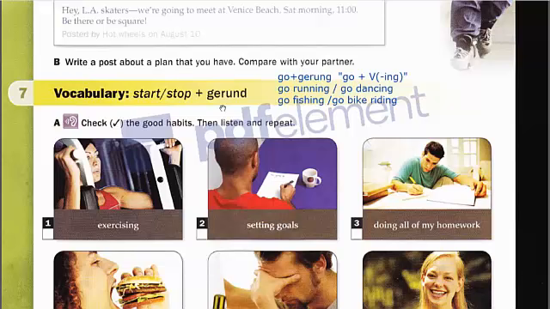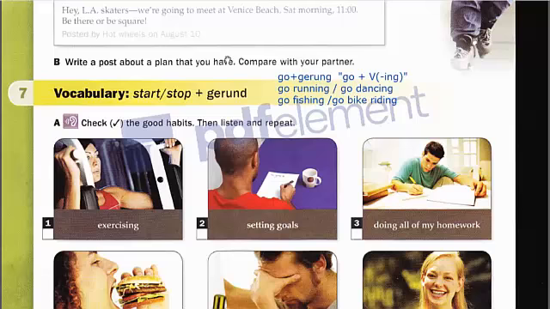This video is about how to use the present continuous tense or present progressive tense to talk about the future, and how to use the structure going to talk about the future as well, okay?